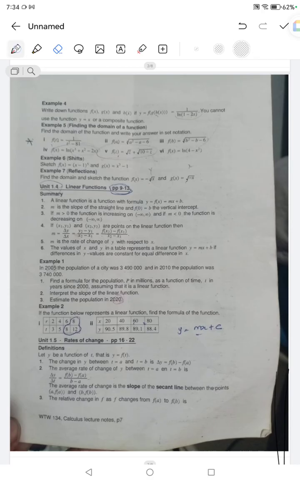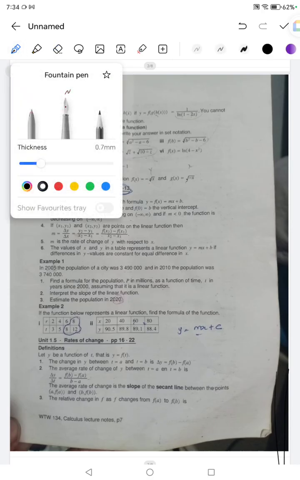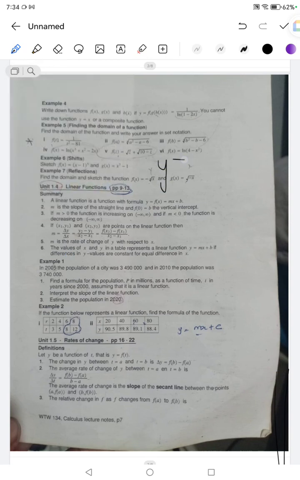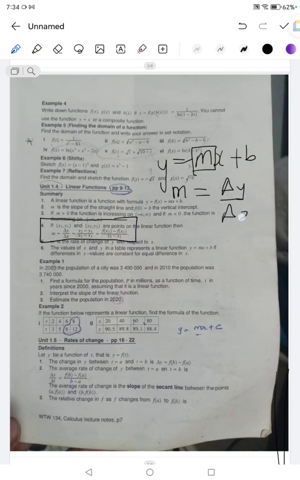What's a linear function? You know, you have y equals mx plus b. Your m is the slope that you're going to have. Here they've also tried to show you m, that m is equal to delta y over delta x.